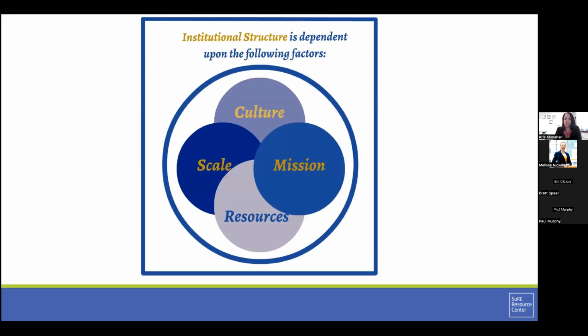Is your goal to grow research? What is the mission? What do you see? Are you still rooted in some teaching? Resources, what kind of resources you're going to put into the office and how you're going to staff it. The scale, how big are you now? How big do you want to be? And then the culture, where does it fit culturally within the institution?